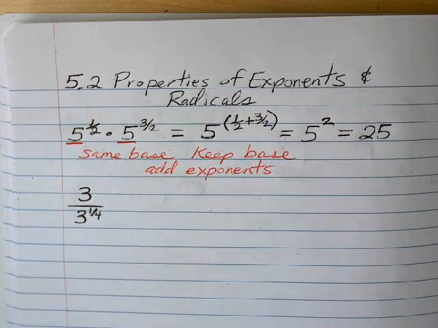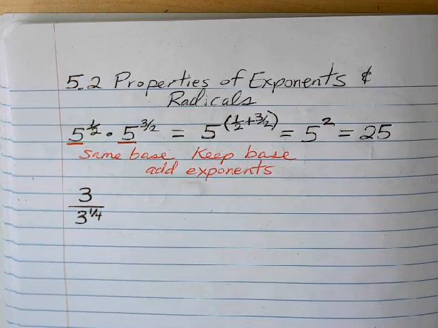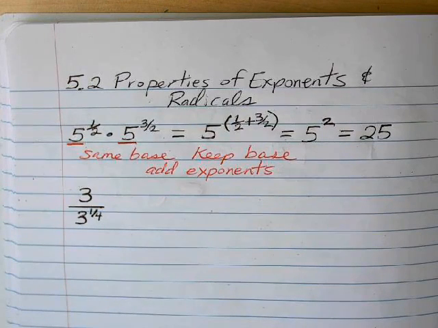I can do an easier one, like an Algebra 1 type. Like in Algebra 1, you did x to the 5th over x squared. You know what you're supposed to do this time with these exponents? You're supposed to subtract them and you get x to the 3rd.